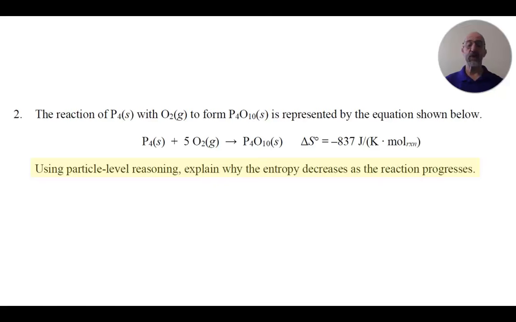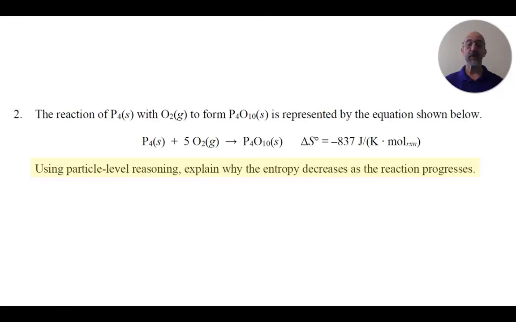Now, on the AP Chemistry free response section, you need to invoke particle level reasoning when discussing changes in entropy. It would not be sufficient to simply say we're changing from a gas to a solid, or if you said gases have greater entropy than solids.